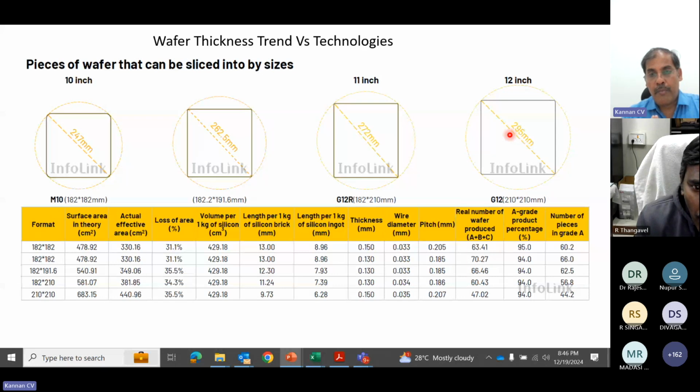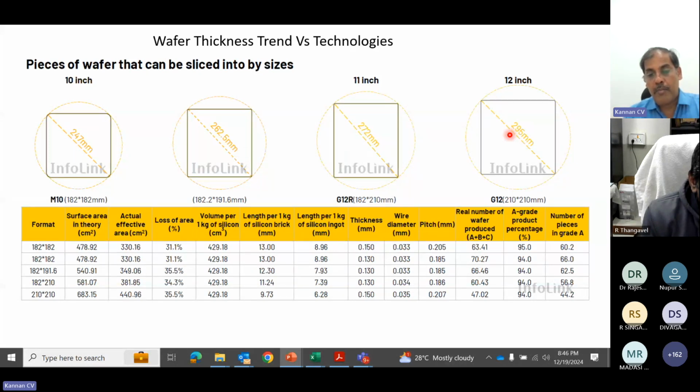Whoever has their own wafer manufacturing capability can produce different sizes of wafer, and accordingly different cell and module sizes, so that they can increase the module power. So this is a competition, and whoever has a wafer facility has the benefit.